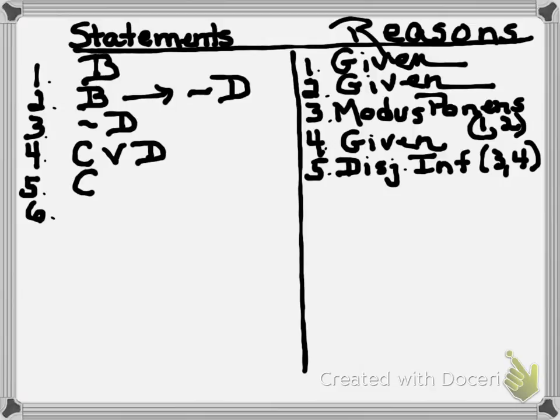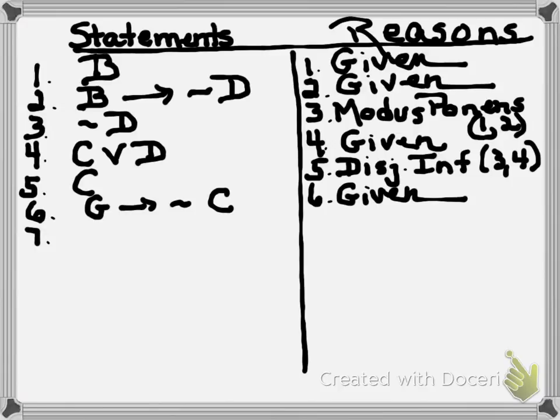The negation of the conclusion means the negation of the hypothesis, and that's modus tollens. So I'm going to bring in G implies not C. And then based on what I just put on the board here, not G is true.